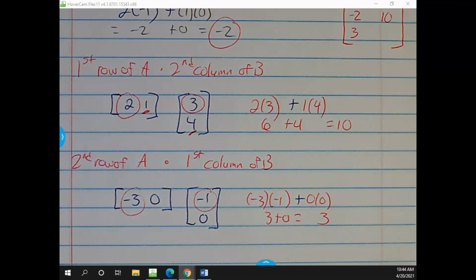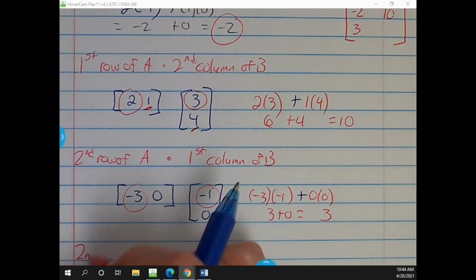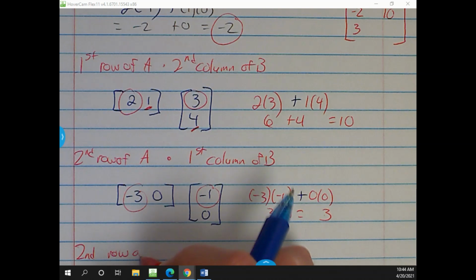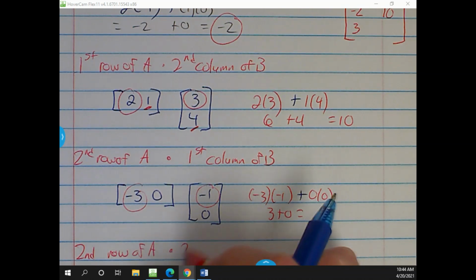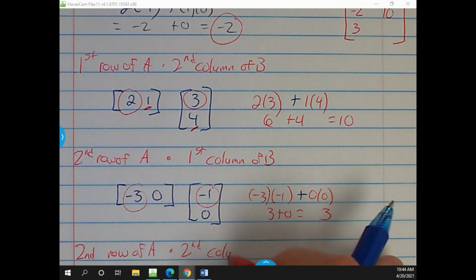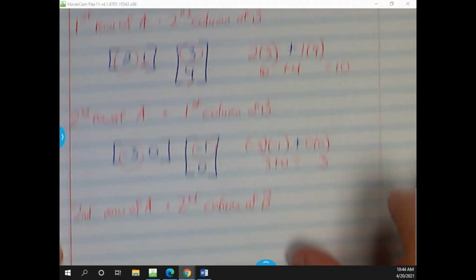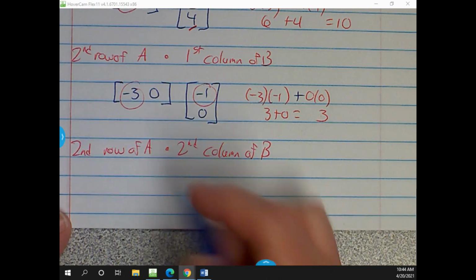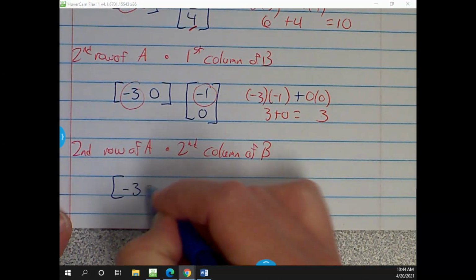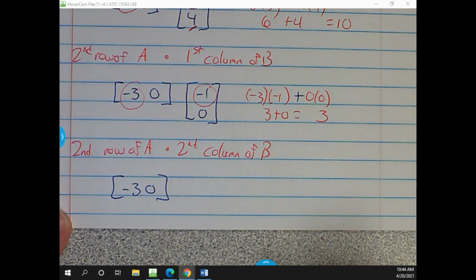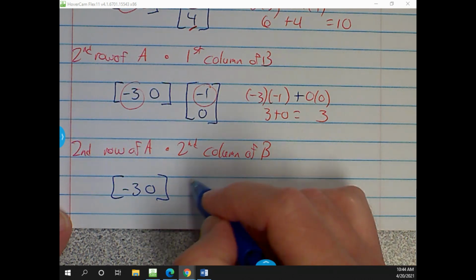All right, and then only one more thing to do. Now we're doing the second row of A times the second column of B. So we stick with the -3, 0, but the second column was 3, 4.